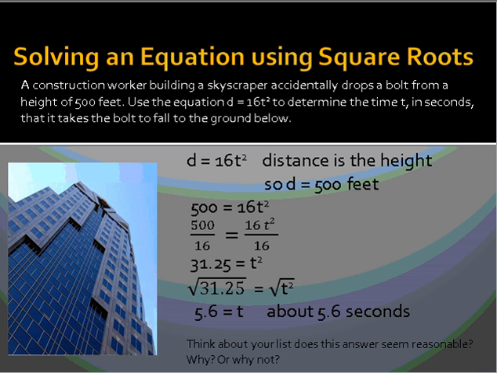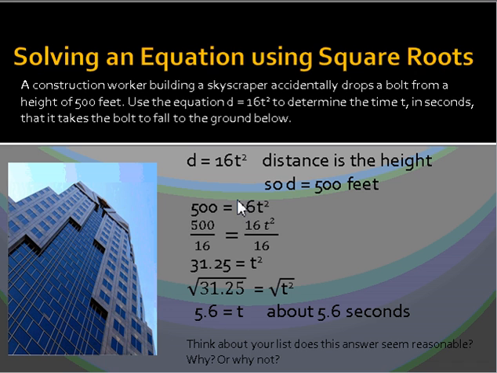So we're told to use the equation d equals 16 times t squared, or multiply t squared by 16, to determine the time t in seconds that it will take for that bolt to fall to the ground below. So using our equation, the distance is the height, so d is going to be 500 feet.